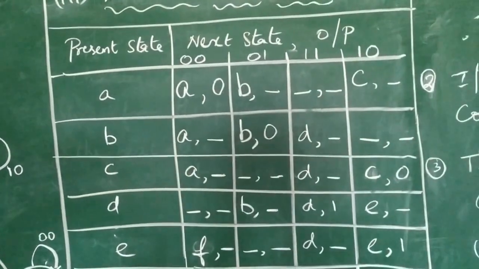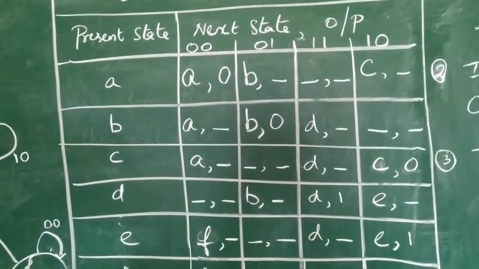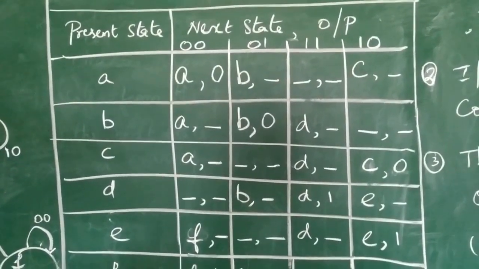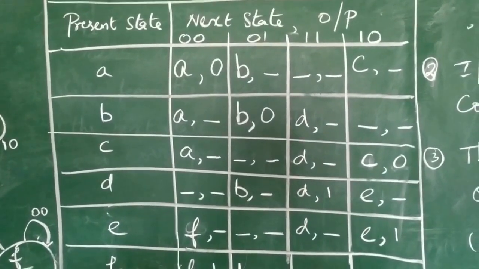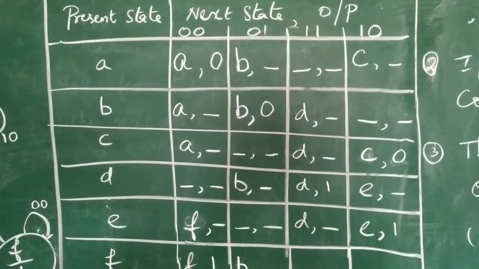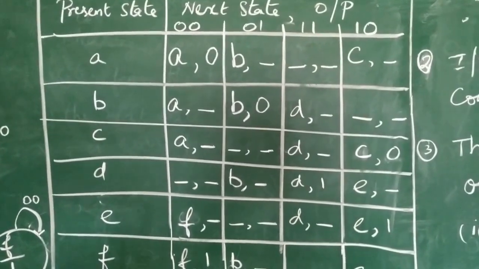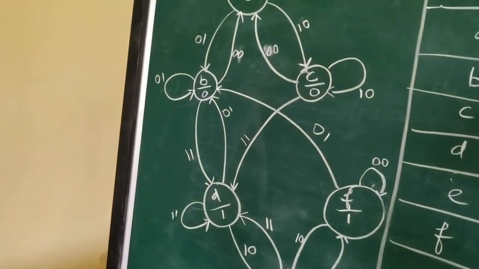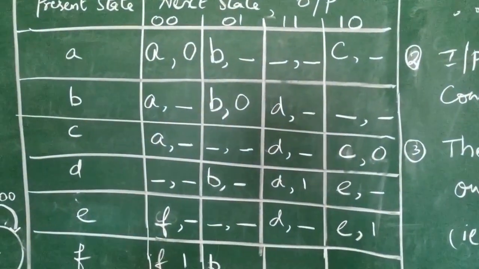So write it in 0 1, B. Okay, so B, comma, what is the next one? You should write here the output. Okay, two things should be written in each column. For each input combination 0 0, 0 1, 1 1, 1 0, we should write two things, next state, comma, output. So B, comma, what is the output written inside B? 0. But we should not write here 0, we should put a dash.